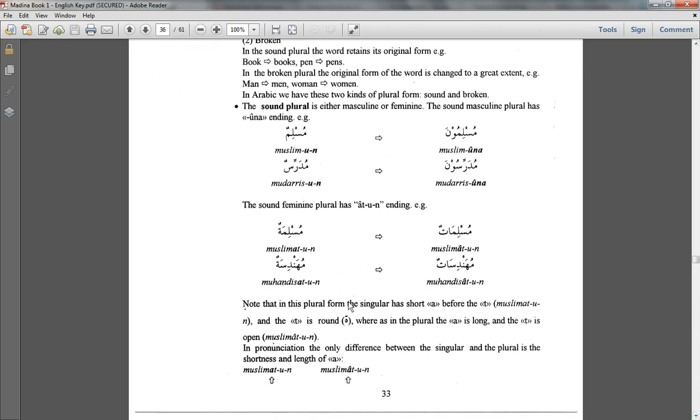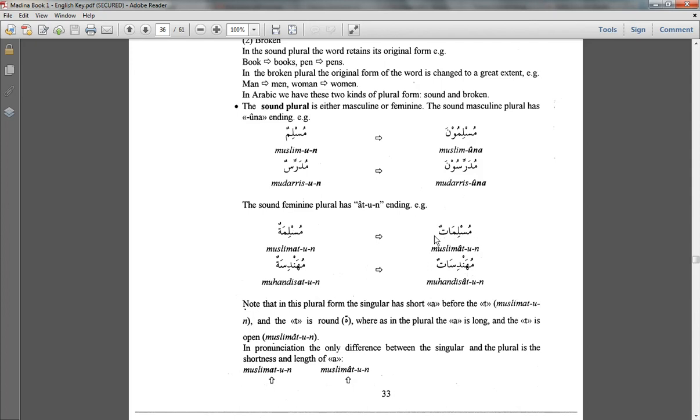Note that in this plural form, the singular has a short a before the ta, Muslimatun, and the ta is round. Okay, so it's a, and then tun, a round ta. Whereas in the plural, the a is long, Muslimat, and the ta is open.